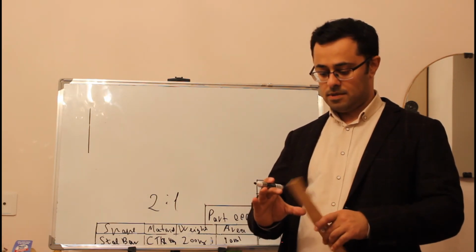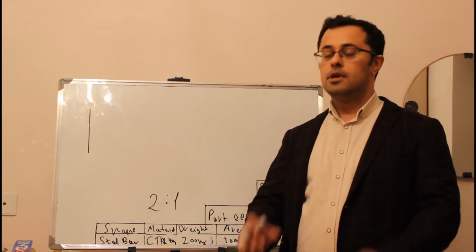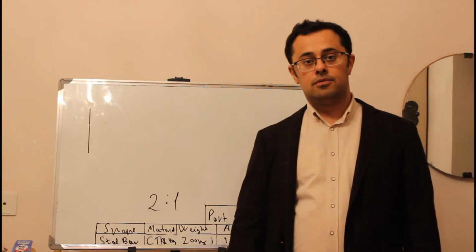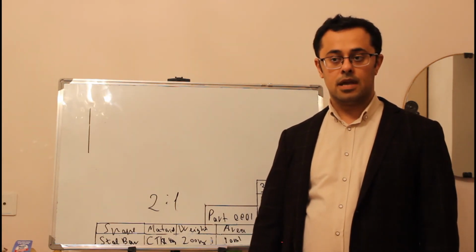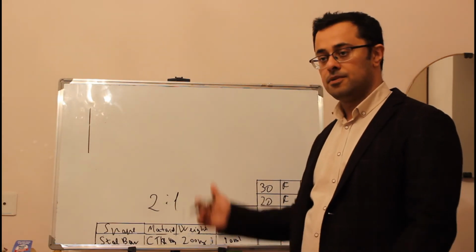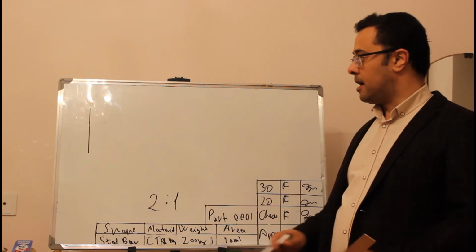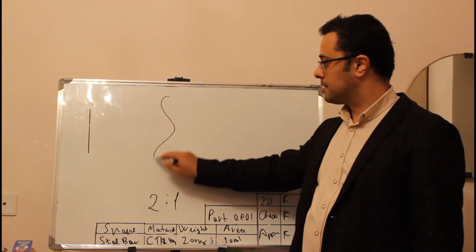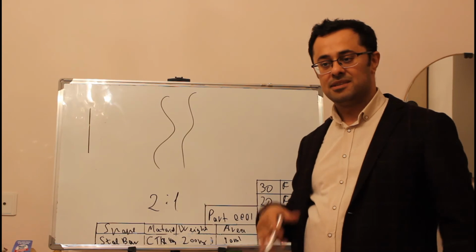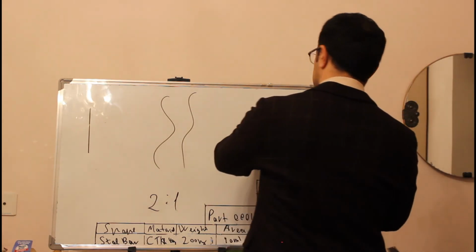If I do it like this, I have to use a 6 meter length, and a 6 meter length will not fit on this whiteboard, and that's why I will use this. You don't show all the lengths, you just show the part. So let's do it now.